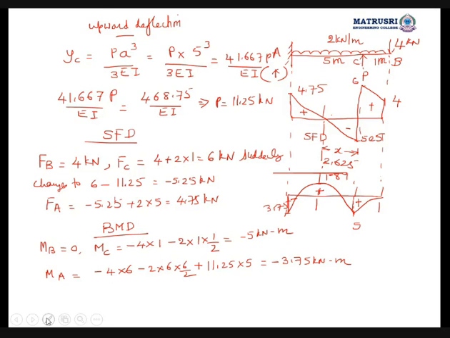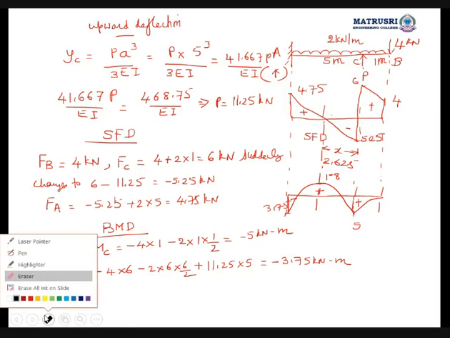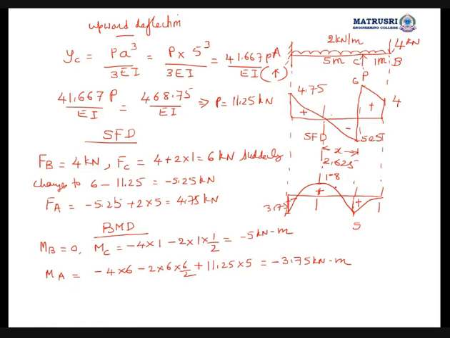Now what else do we want to calculate here? We want to calculate the point of counterflexure. Point of counterflexure means there is one point here and one point here where the bending moment is zero. If you are getting a quadratic equation, we will get both the values.